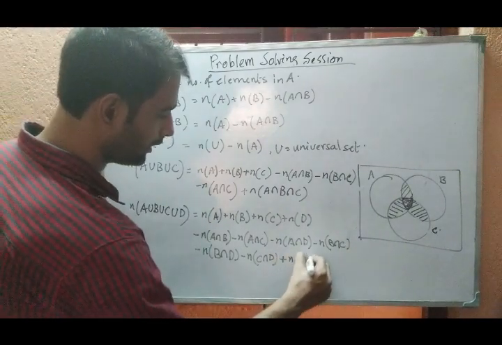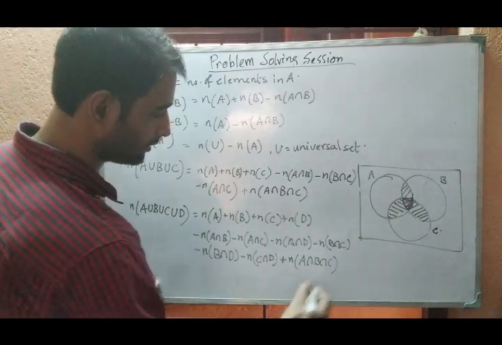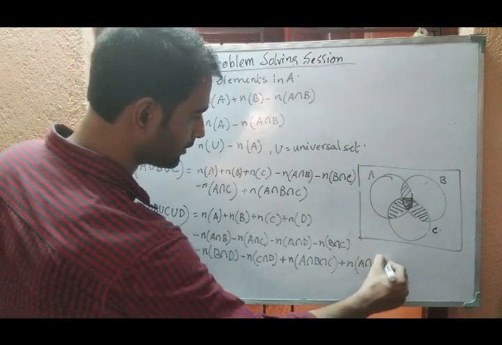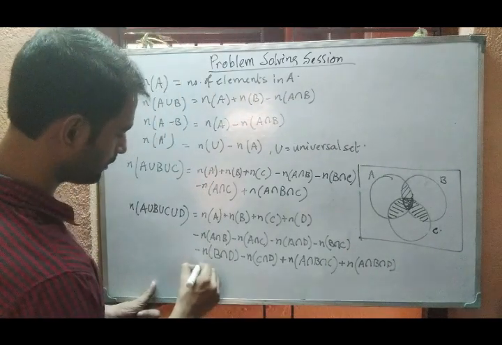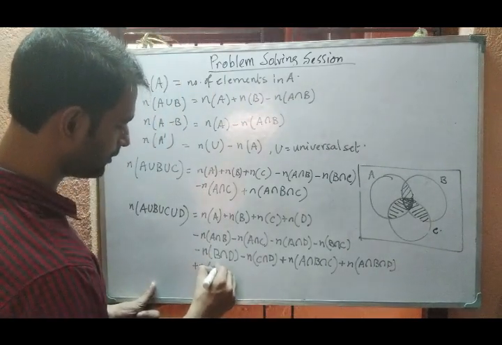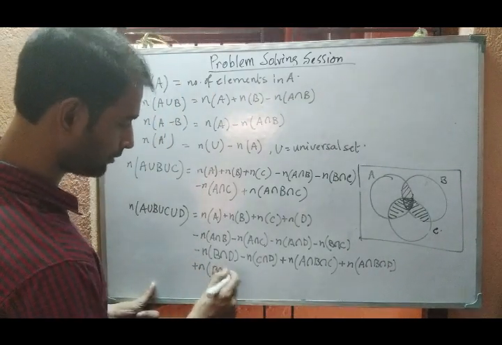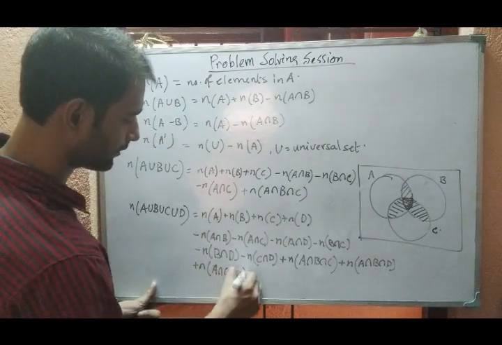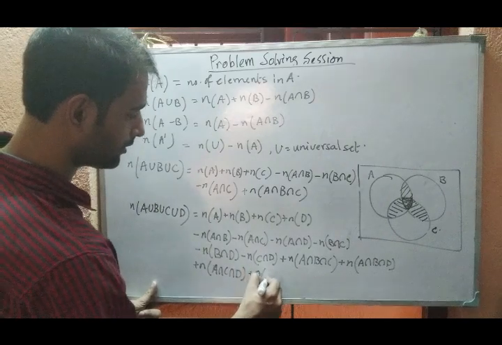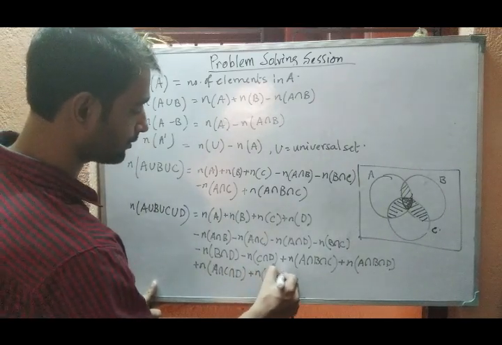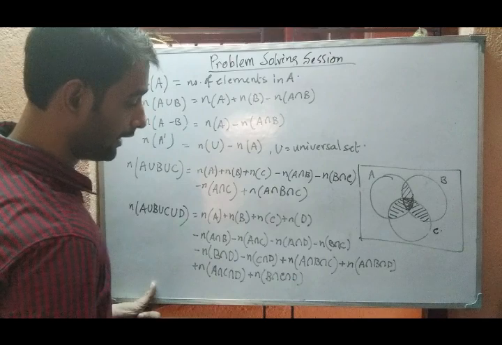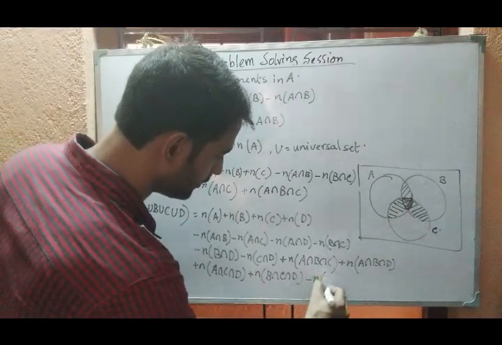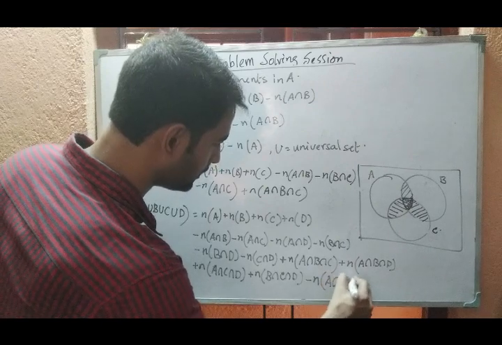So in ABC, in ABD, in ACD, then comes in BCD, and finally we will subtract the intersection of all, so in ABCD.